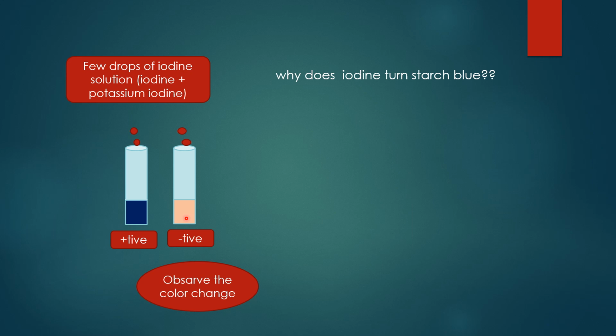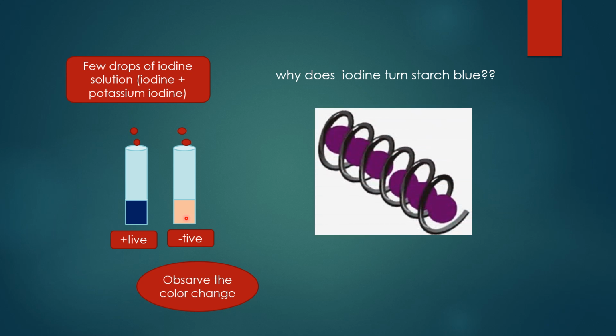So why does iodine turn starch blue? This is a helix structure, which I had drawn for you. It is a polymer of glucose chains.